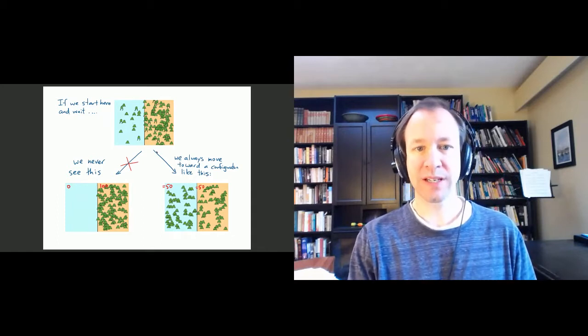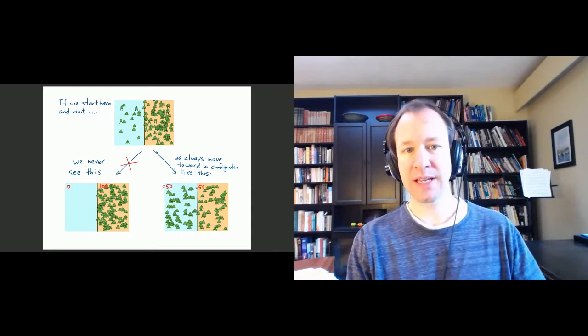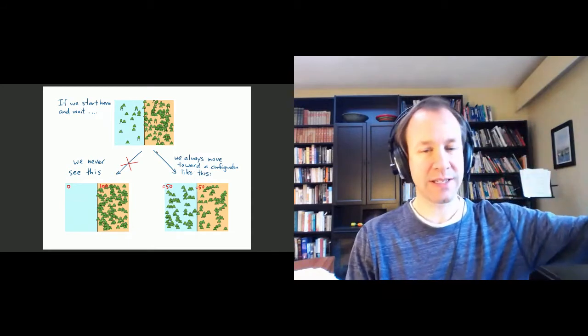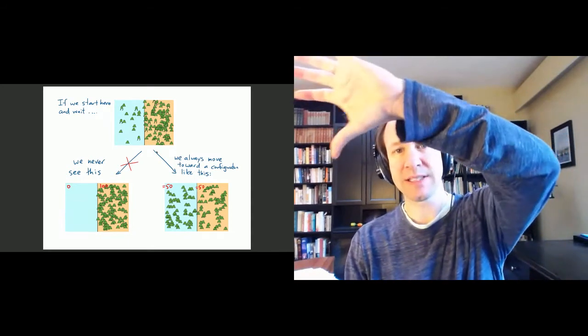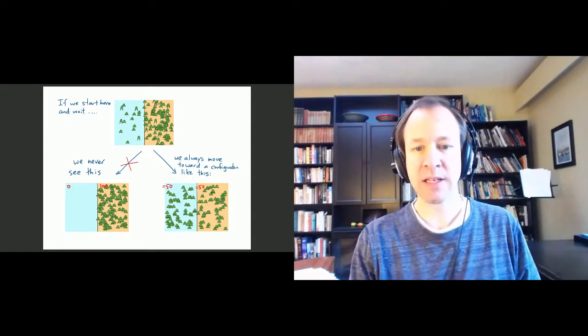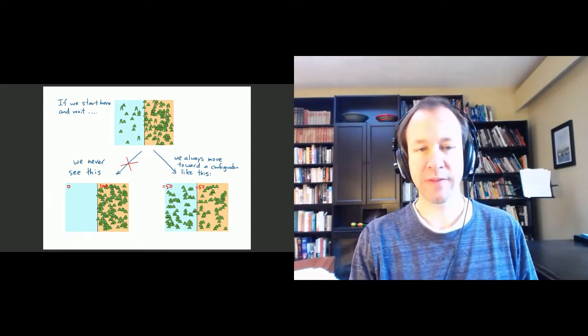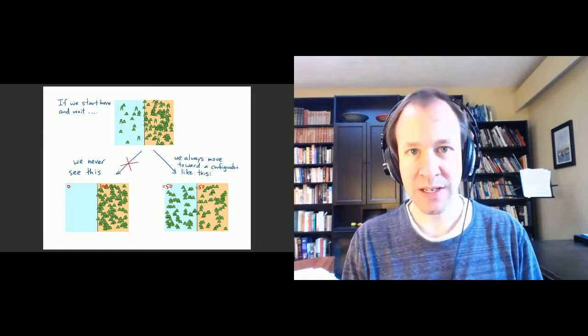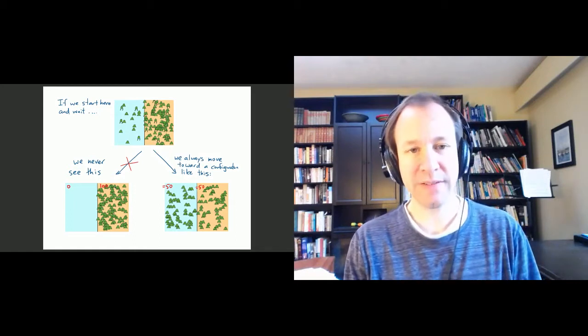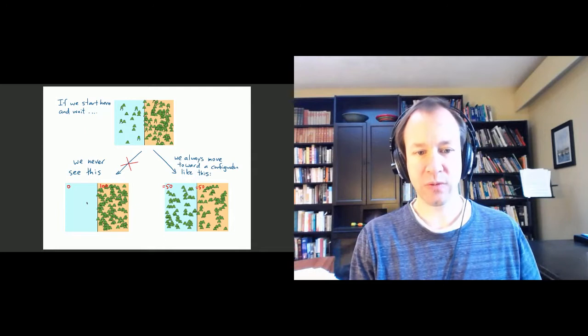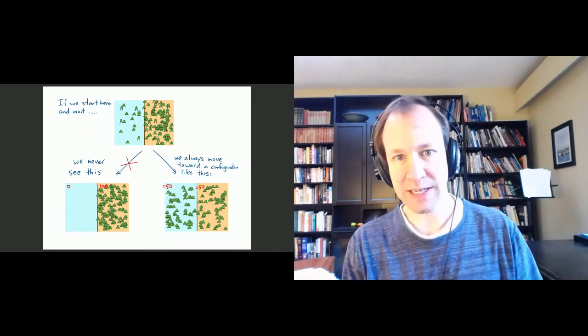Starting with a configuration like this, with, I think, 10 frogs on one side and some large number, let's call it 90, on the other side, we never observed the situation where all of the frogs end up on one side, even if we ran the simulation for the rest of our lives.